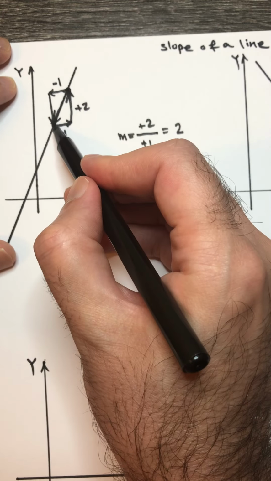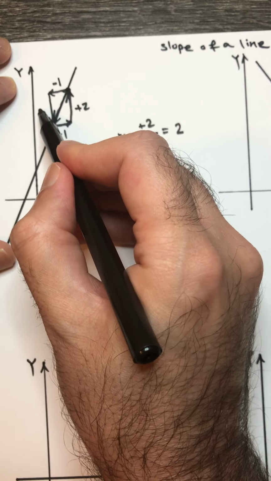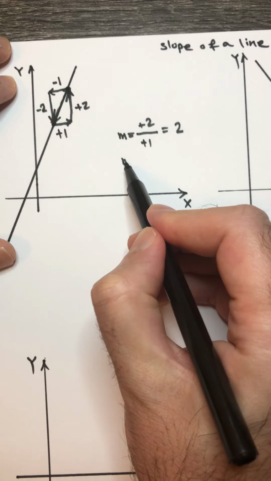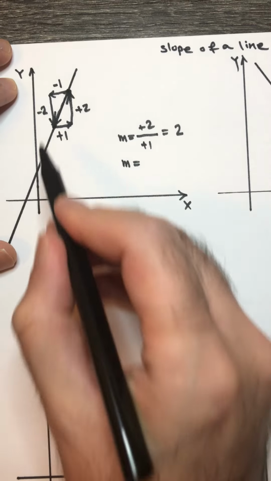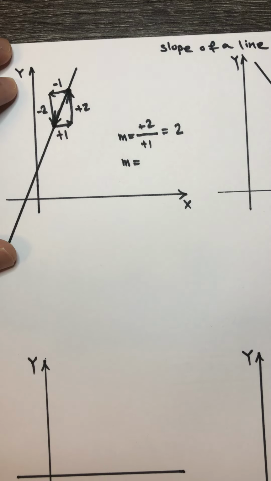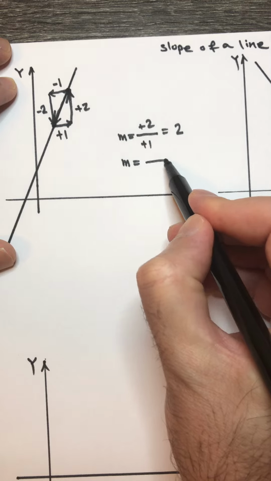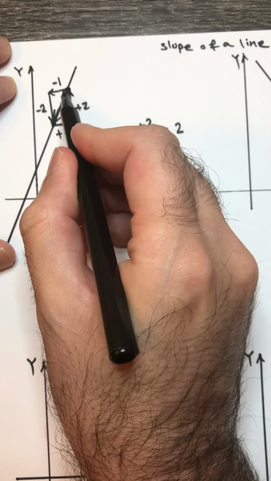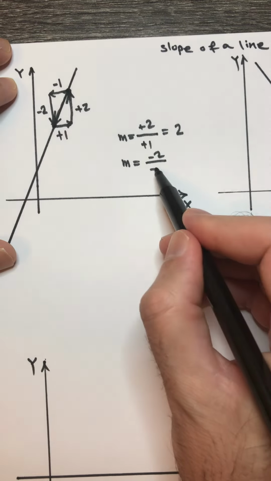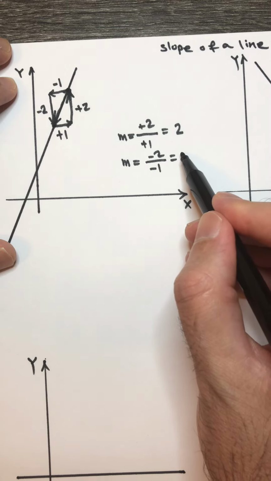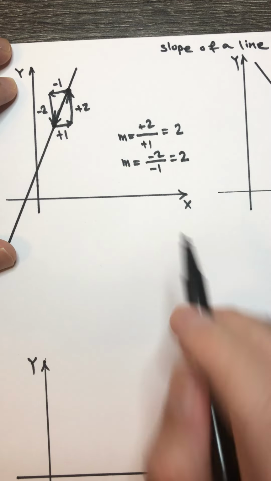And our vertical movement is 2 units down, so down is negative, so it is -2. Again, the slope of the line is the ratio of the vertical movement, -2, divided by the horizontal movement, -1. So again, for the slope of the line, we get 2.